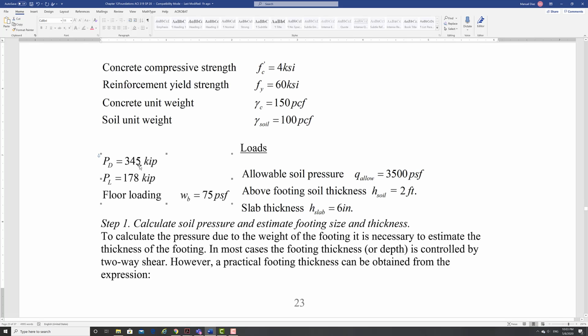All right, so these are the real loads we're using. The allowable is 3,500. Soil on top 2 feet, slab thickness 6. Floor loading 75 PSF. Okay.